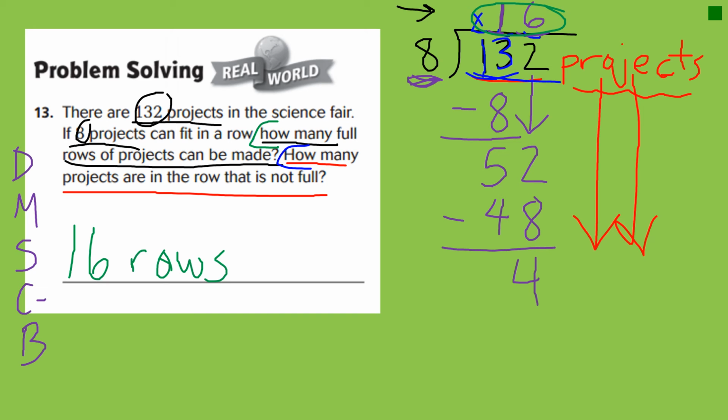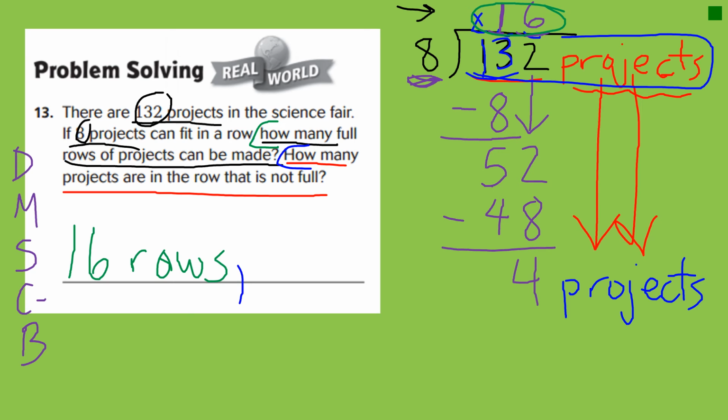Remember up here, I said if that's 132 projects, whatever your remainder is going to be, that's also projects. So you have 4 projects that are still going to be on display, but they just won't be in a full row of 8. There's just going to be 4 in that row.